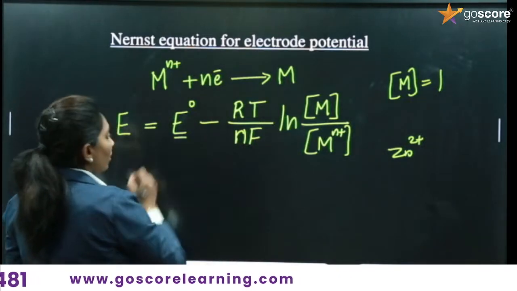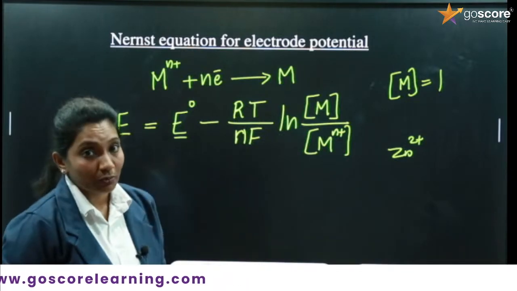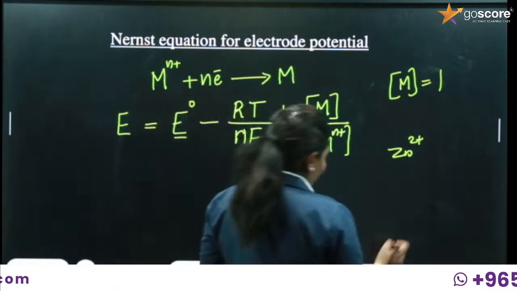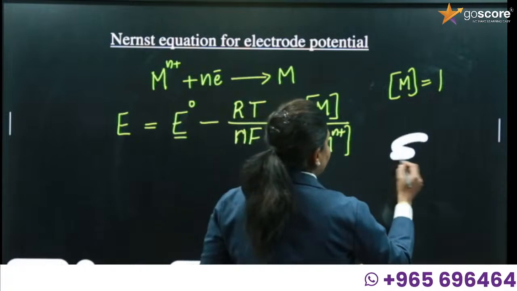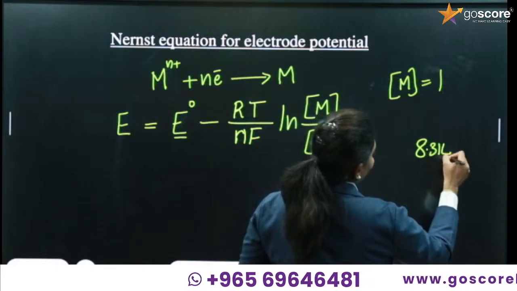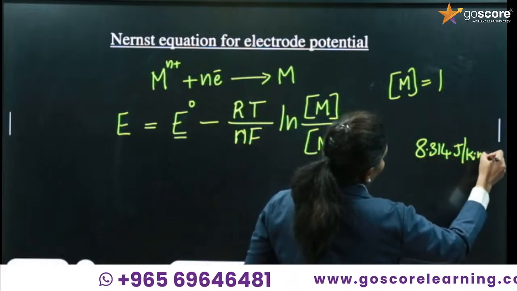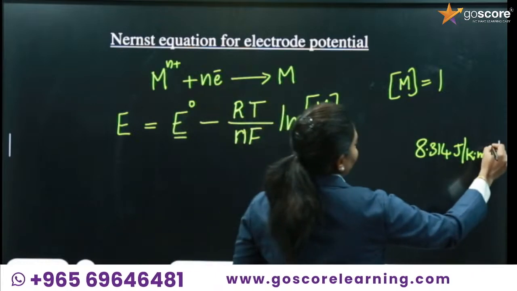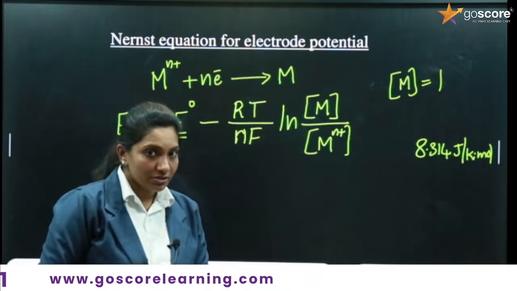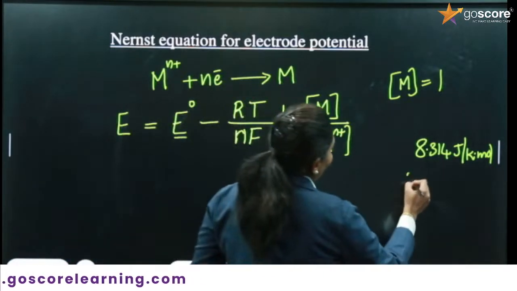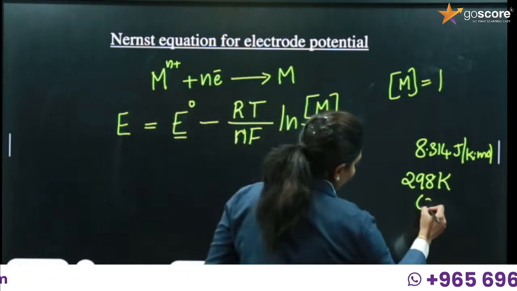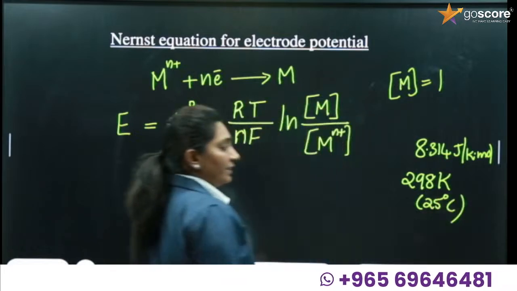And what is this E naught? It is the standard electrode potential of the metal electrode. And what is this R value? We know that the R value is 8.314 joule per Kelvin mole, right? And what is this temperature? I told you we are changing only the concentration, but the temperature will be 298 Kelvin. Okay, it can be 25 degrees Celsius or 298 Kelvin.